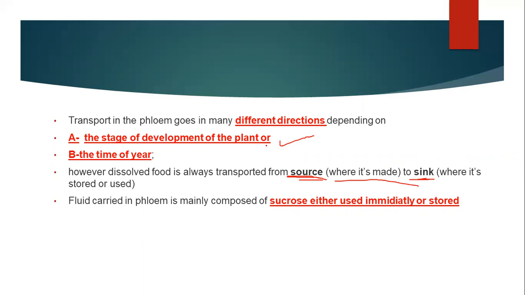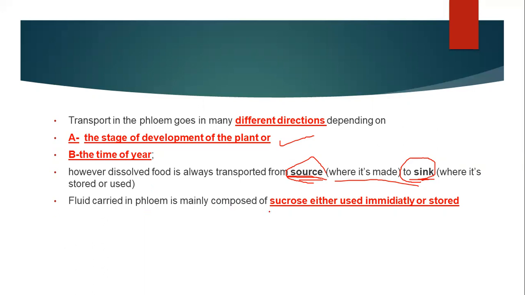So according to the part of the year and the stage of development, some plants are young, some plants are old. The degree of growth and development of the plant will decide where the source is and where the sink is. Always think about the direction of flow in the phloem as a source and a sink, and don't memorize, just understand, because in the exam they will give you something new, so you have to decide.